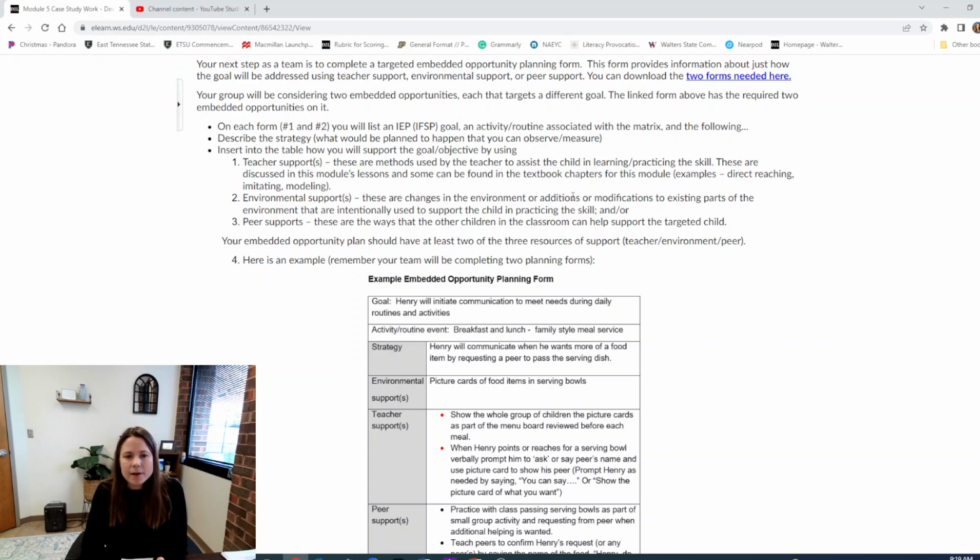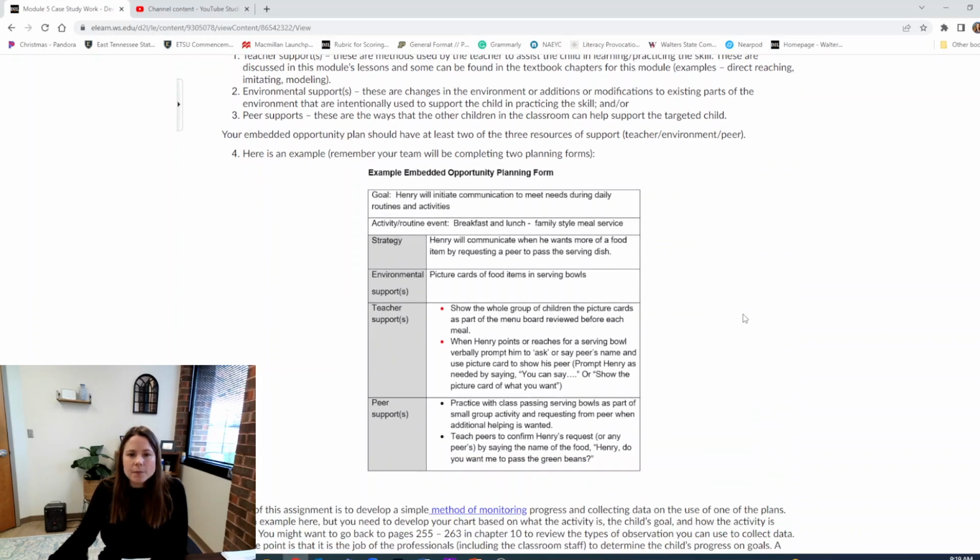Then you're going to look at environmental supports. So these are changes in the environment or additions that you have or modifications that are going to support the child. Then you have peer supports. So these are ways that other children in the classroom can help the targeted child. So remember, you need to have at least 2 or 3 resources of support. So you're going to pick teacher, environment, or peer. Okay, so you don't have to do all 3, but you need to have at least 2.